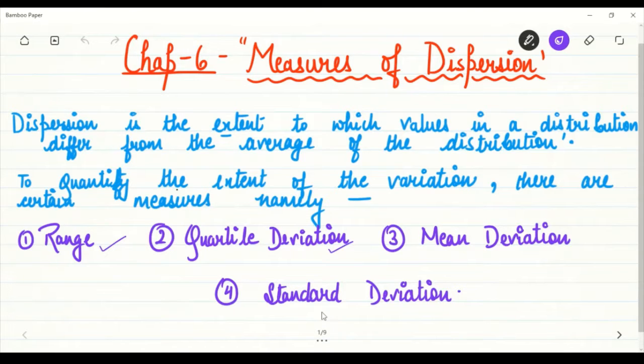In my last video, we have already started chapter 6 from Statistics for Economics, and the topic was measures of dispersion. In that video, we discussed what dispersion is and what the various measures to calculate dispersion are. We discussed namely range, quartile deviation, mean deviation and standard deviation.